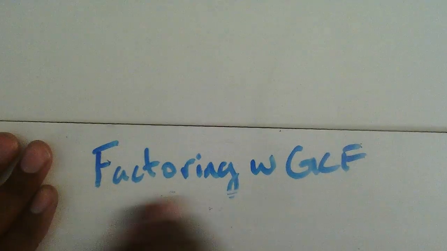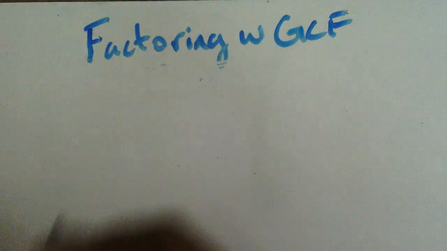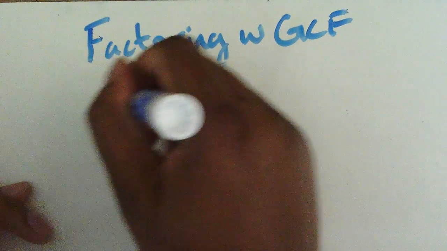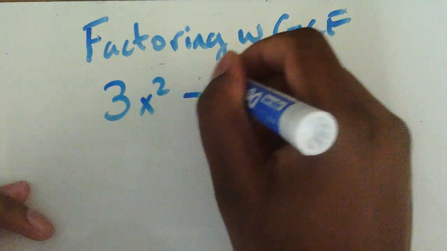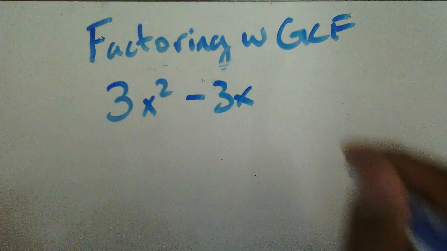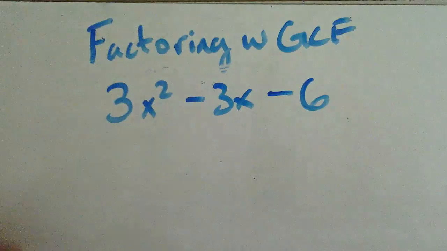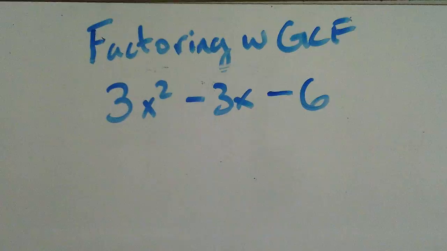So factoring with the GCF can be extremely beneficial to us. Let's do one more. This one's a little bit longer, but we can still do it. What if I have 3x squared minus 3x minus 6? What's the first thing we note? Well, I can factor a 3 out of all of these.